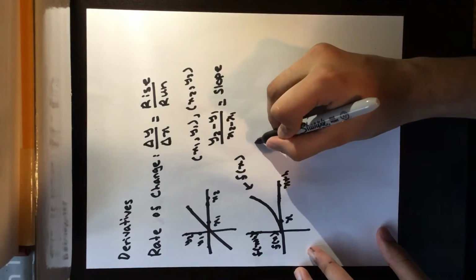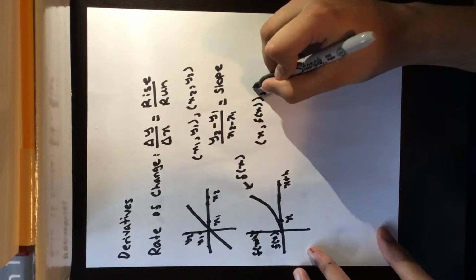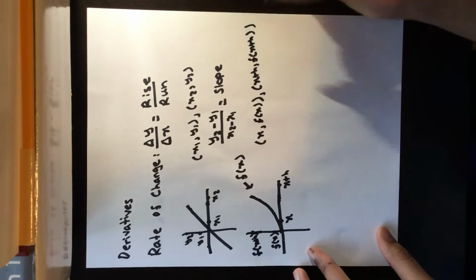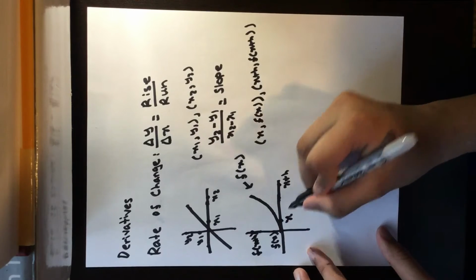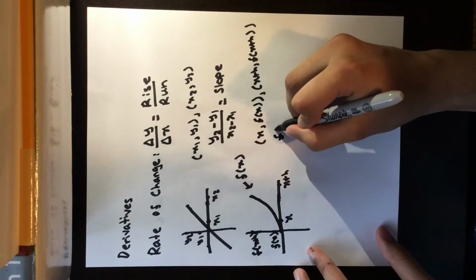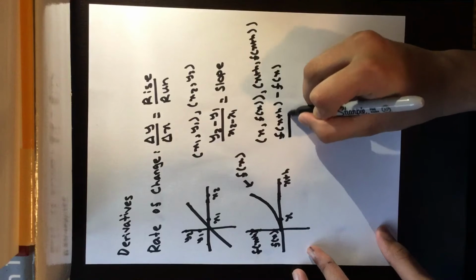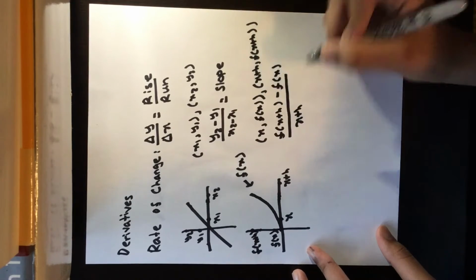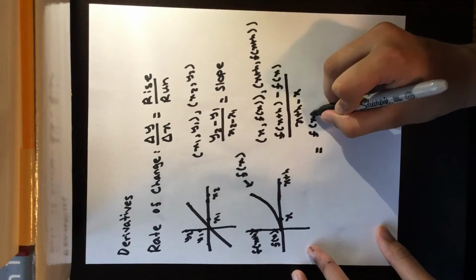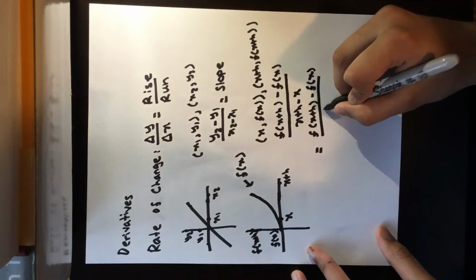So we're given two points, x and f(x), and also x plus h and f(x plus h). So we can employ the similar tactic and use f(x plus h) minus f(x) over x plus h minus x. This equals f(x plus h) minus f(x) over h.